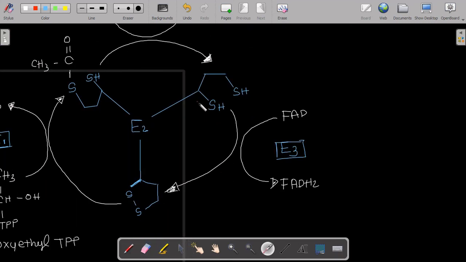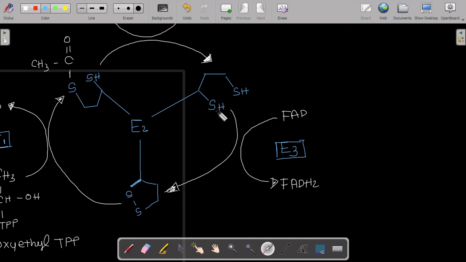Now this lipoic acid is reoxidized into its original form, and this reoxidation of lipoic acid is catalyzed by E3, and when FAD is converted into FADH2, then this lipoic acid is reoxidized.